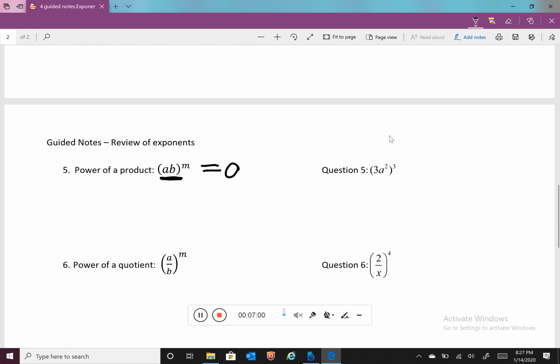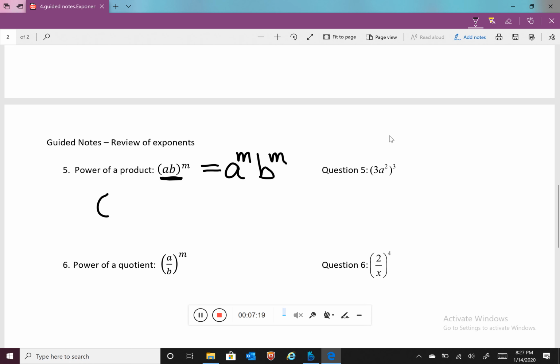This means we can take a and raise it to the mth power, as well as b and raise it to the mth power. So we are essentially able to distribute that exponent to each of the pieces in the base.